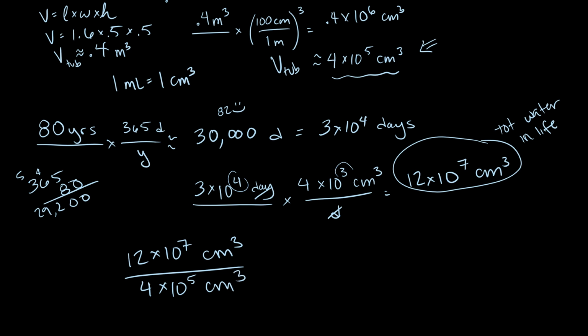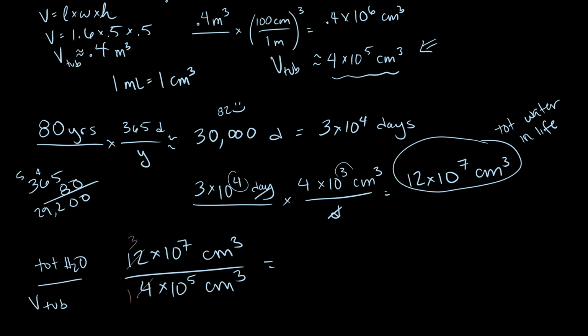This is the total water divided by the volume of the tub. Again, I'm assuming this is all water, but I do drink other things like tea, which is pretty much it.